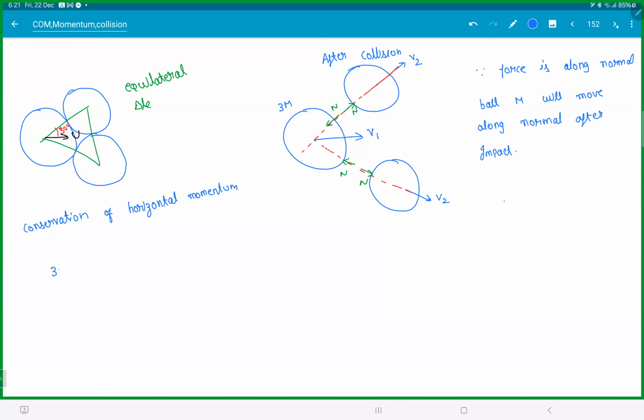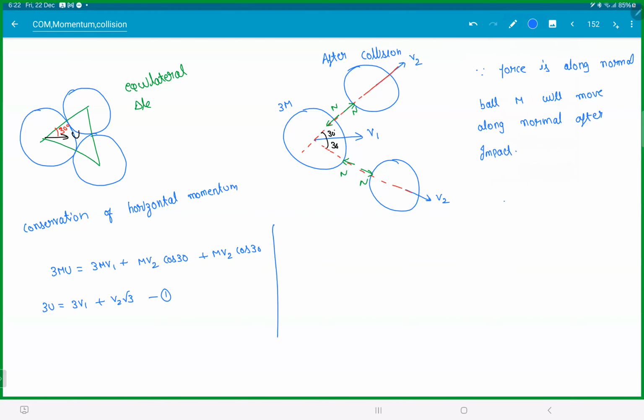So initial momentum is 3mu. The final is 3mv1 plus mv2 cos 30 plus mv2 cos 30. Remember, this angle was 30 and this angle was 30. The vertical parts get cancelled, giving 3u equals 3v1 plus v2 root 3.